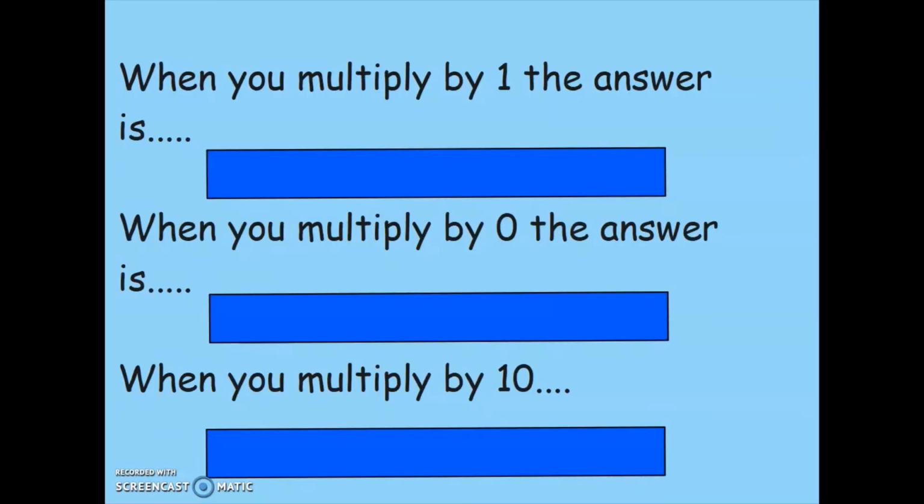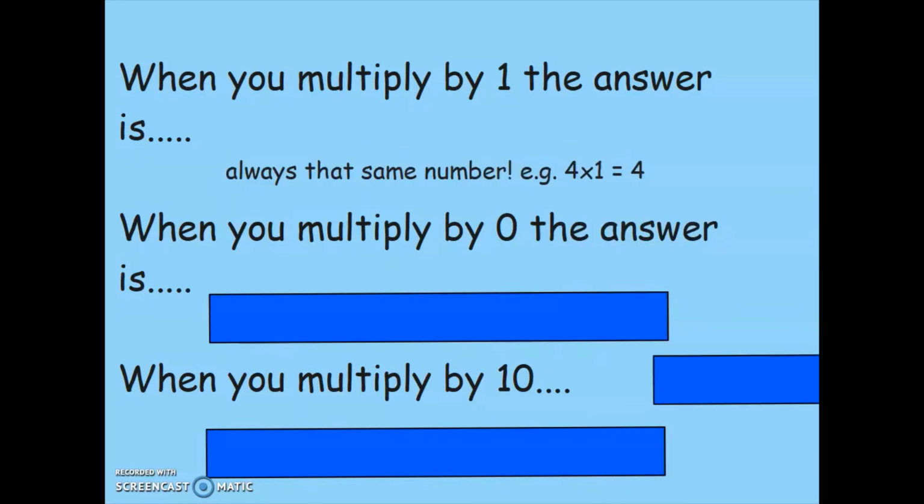One of the rules: when you multiply by 1, the answer is, can you remember? Always the same number. For example, if you're doing 4 times 1, the answer will be 4. If you're doing 6 times 1, the answer will be 6. If you're doing 8 times 1, the answer will be 8.